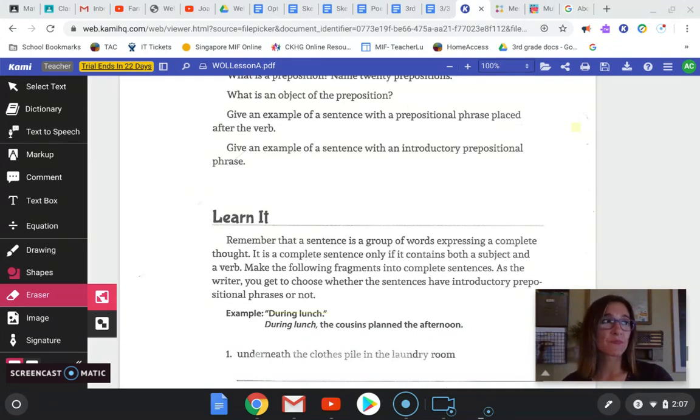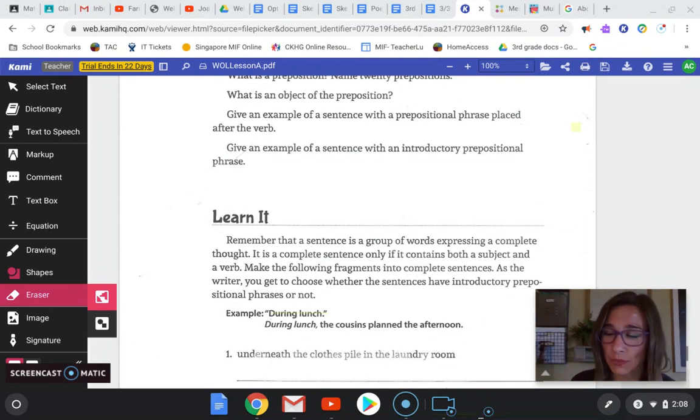Of, off, on, out, outside, over, past, since, through. Throughout, to, toward, under, up, until, upon, with, within, without, underneath.